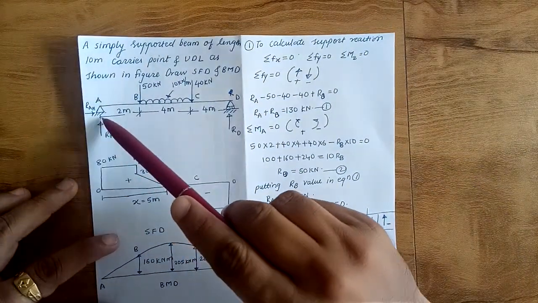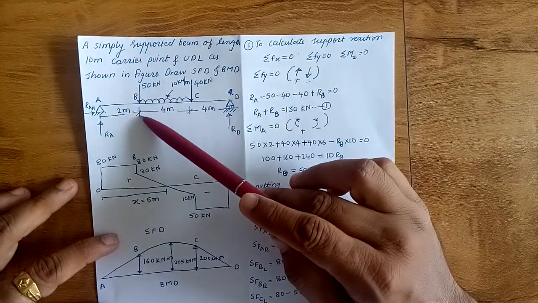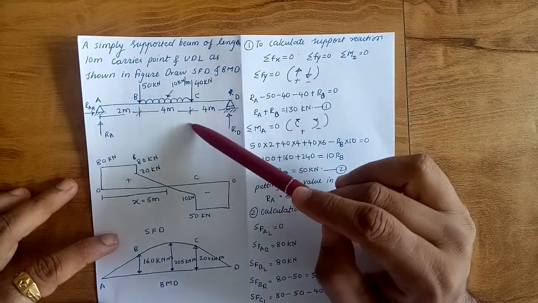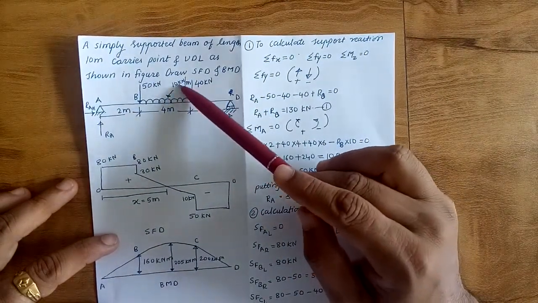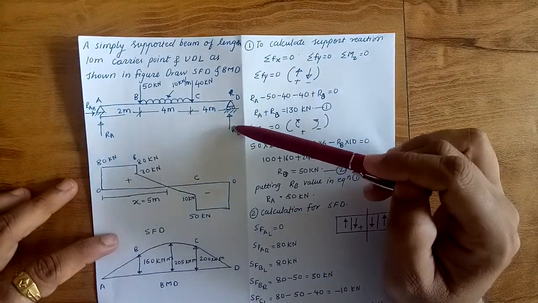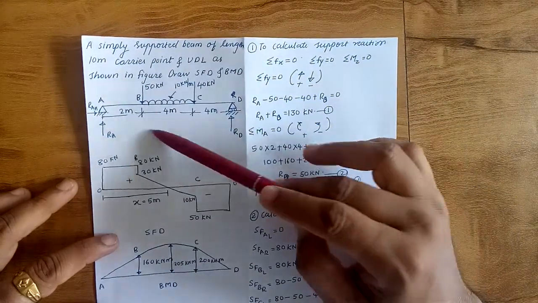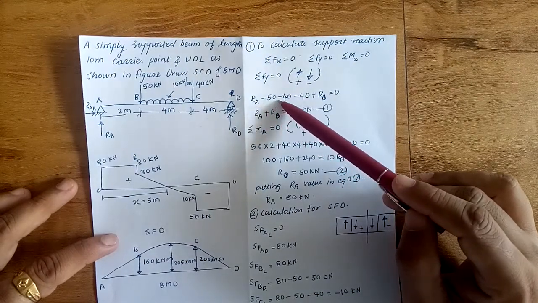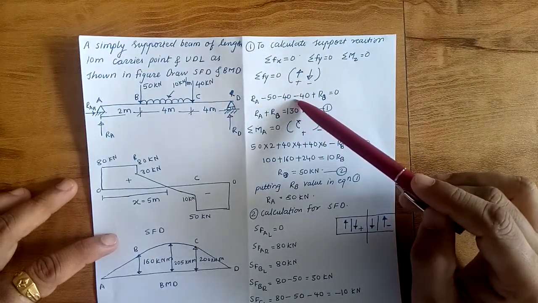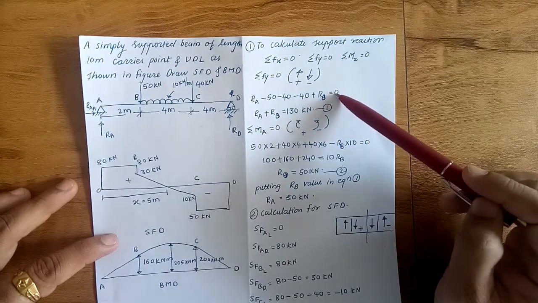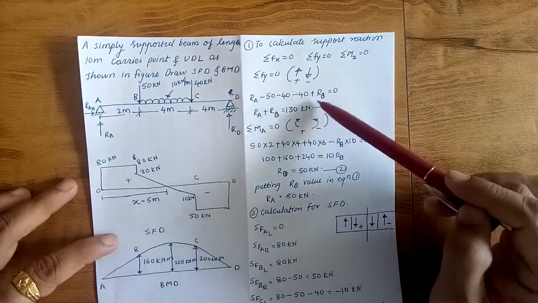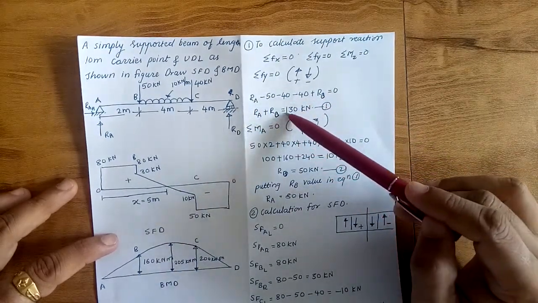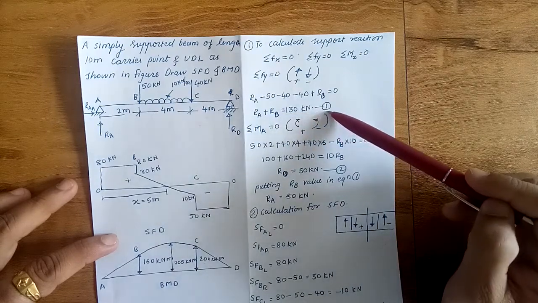RA is upward, the 50 kilonewton force is downward, the 40 kilonewton force is downward, the UDL is also downward, and RD is upward. So RA minus 50 minus 40 minus 40 plus RD is equal to 0. So we got the first equation: RA plus RD is equal to 130 kilonewton.